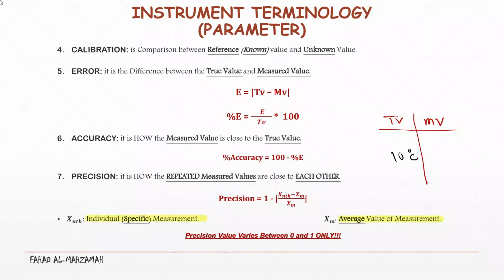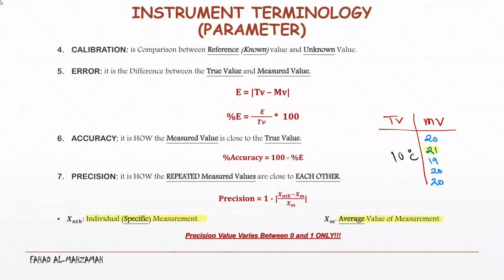In the first measurement, you get 20. The second one, you get 21. The third one, you get 19. The fourth one, you get 20. The fifth one, you get 20. So you repeat the measurements for the same input 5 times, and you get these results. So what is Xn? Xn is, for example, one of the measurements, for example the second one. This is a specific measurement from the 5.